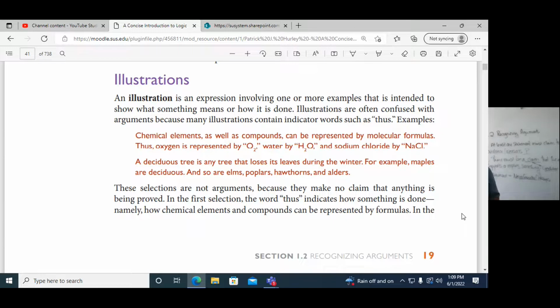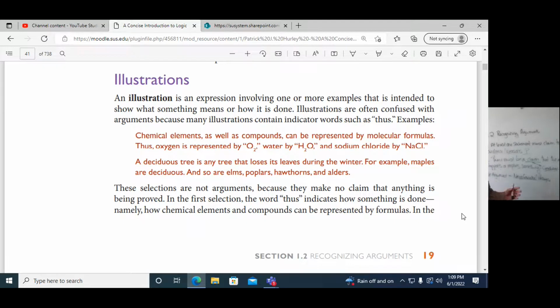Our book defines it as an expression involving one or more examples that's intended to show what something means or how it's done. So you could watch YouTube videos illustrating how to make risotto, for instance. Or you can watch an illustration of how to eat crawfish, which I actually did once and probably will never do again. I know, you can't really take the Yankee out of me, even though I live here full time.